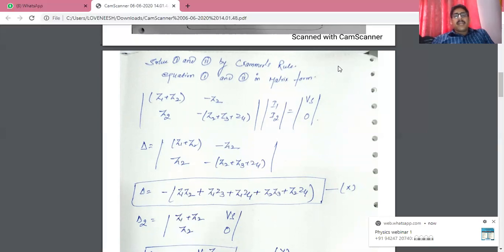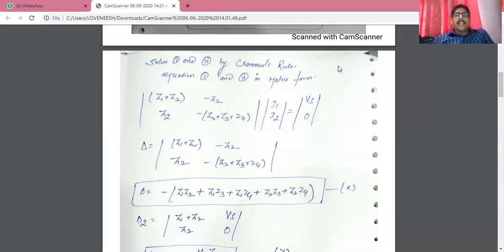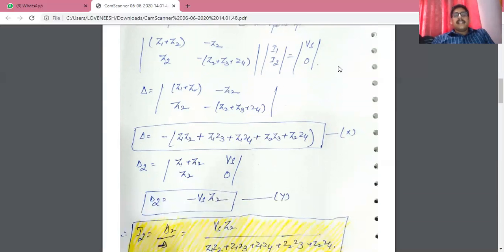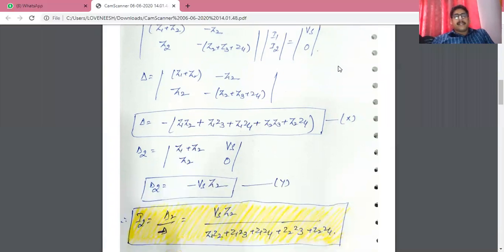In a similar way, I can calculate delta 2. For delta 2, you have to replace your second column with your outside column. So here we have Z1 plus Z2 over Z2, and here we have Vs and 0. And again, I can solve this equation, so you get delta 2 equal to minus Vs Z2.